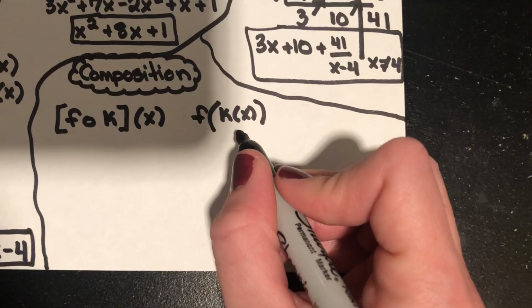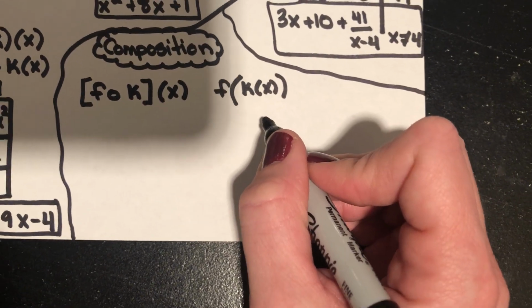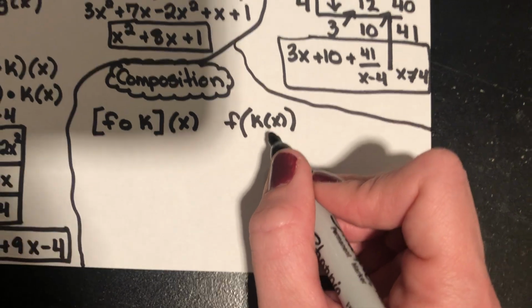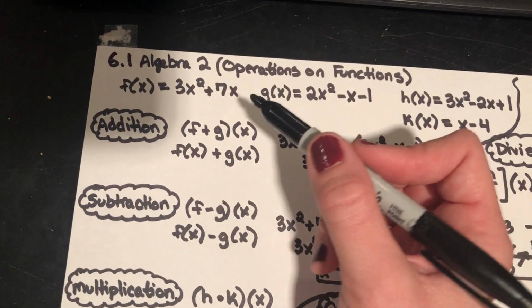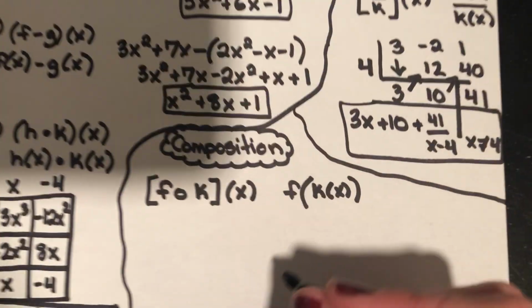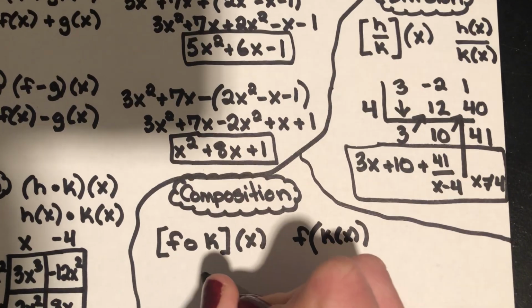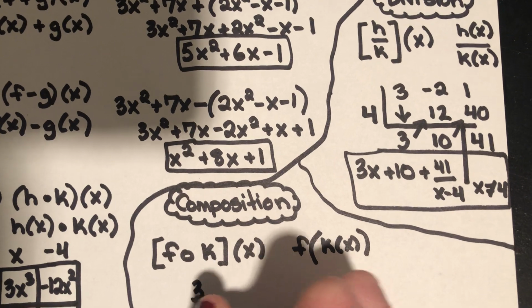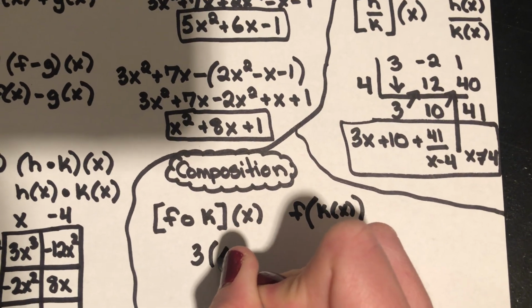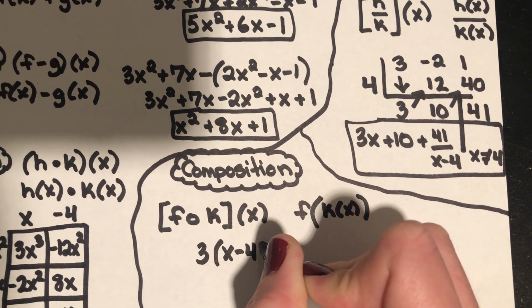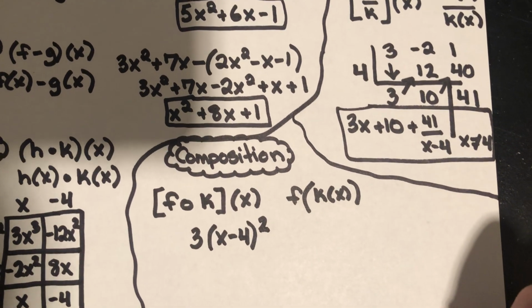However, here we're actually going to substitute k of x, which is x minus 4, in for every time you see x. So let's do this. We're going to have f of x is 3 times, instead of an x squared, we're going to have x minus 4 squared.